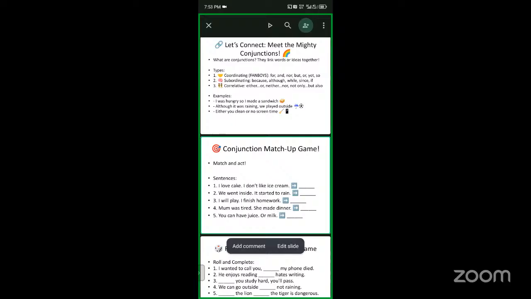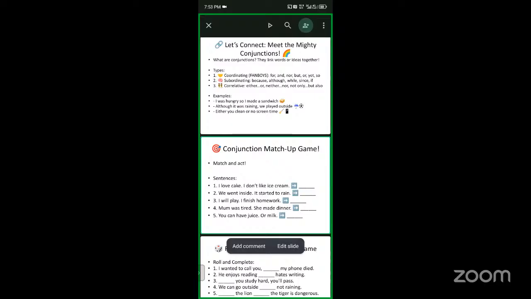Oh no, that's not the conjunction. So there's supposed to be a conjunction there. Is that a conjunction? It's a conjunction, yes.